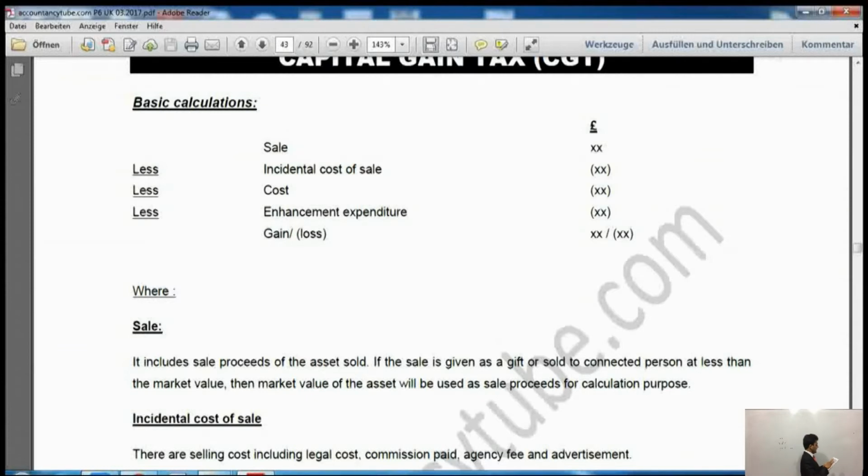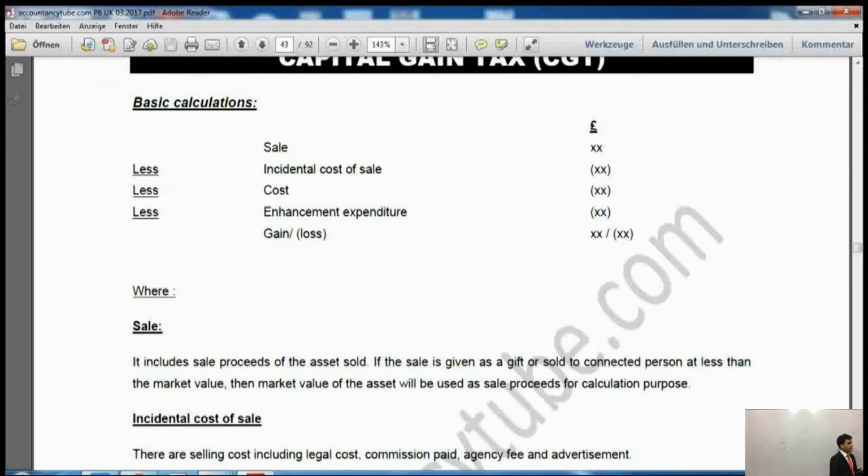Then it says cost, and if any enhancement expenditure is incurred, enhancement expenditure is when you bought this land or an asset and you incurred some expenses on that to make it more attractive or to make it useful. Those are called enhancement expenditure. And whatever the remaining is, it is gain. It is gain, but it could also be loss if your costs are exceeding the sales price.